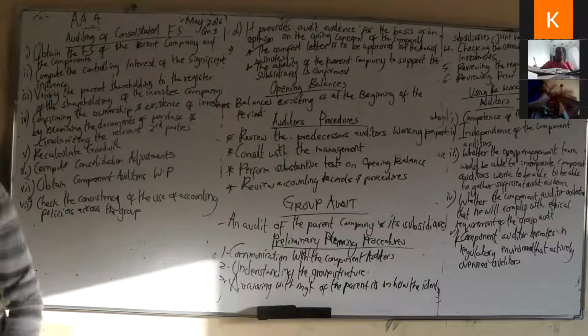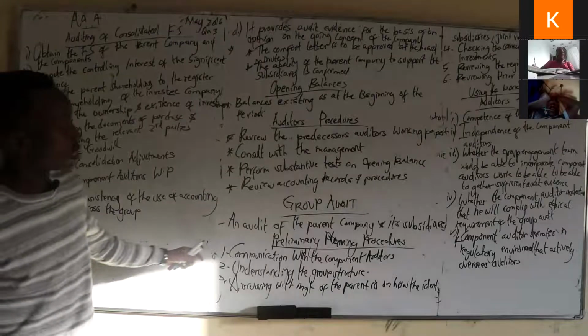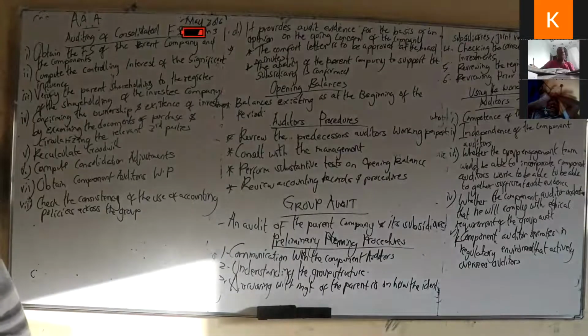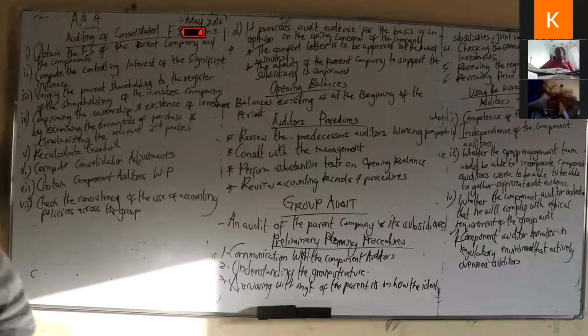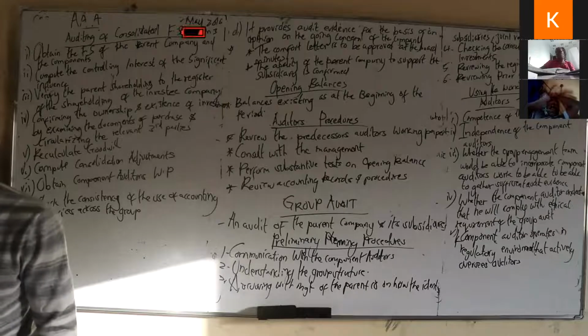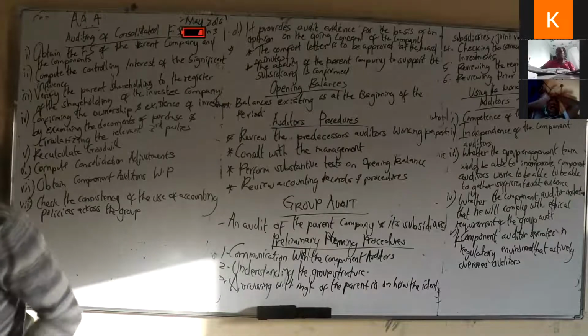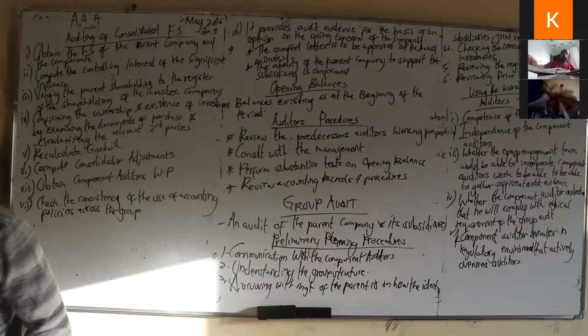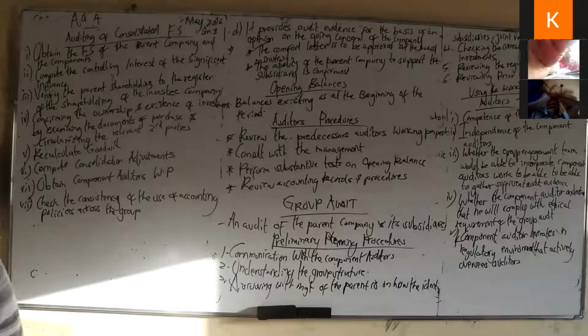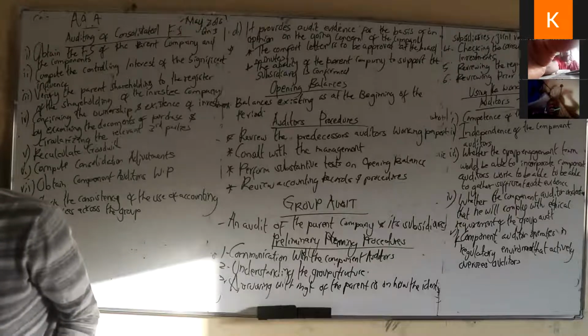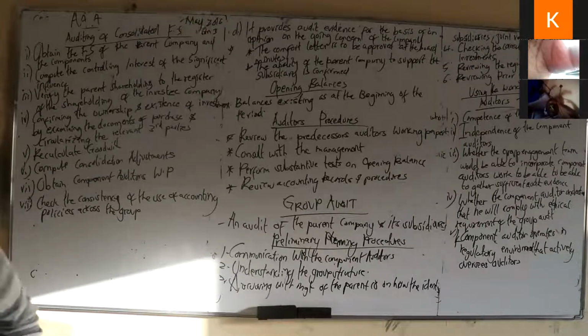So one of the events that may lead to the risk of misstatements would be a complex group structure whereby there are frequent acquisitions and disposals. Now, also the prior occurrence of intergroup balances would lead to risk of material misstatements.